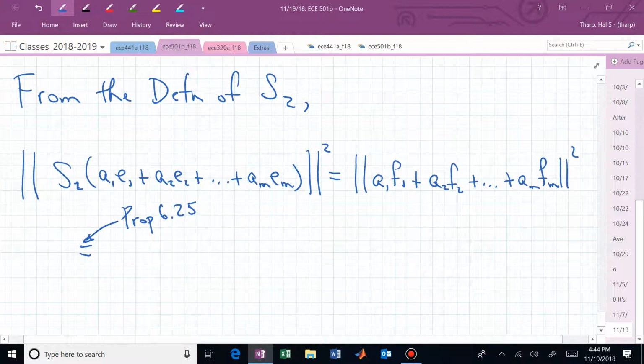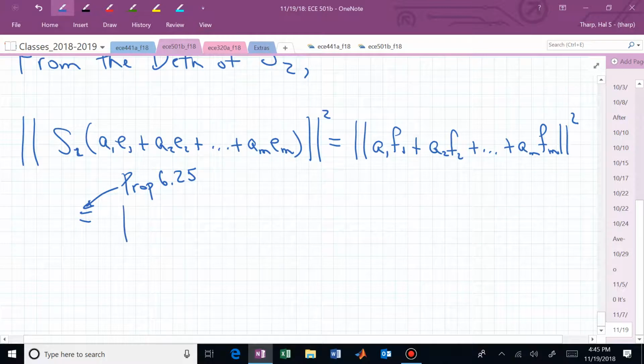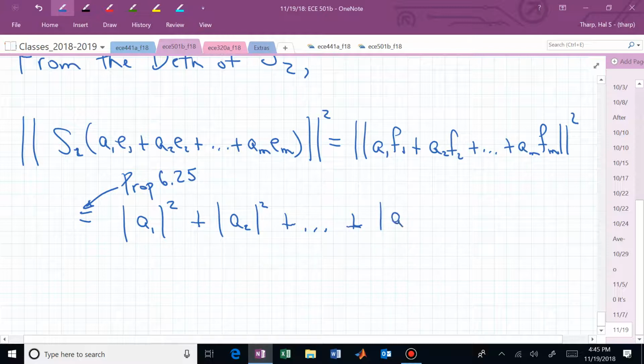I'm saying it's 25 in chapter 6. That says the right-hand side is equal to the absolute value of the first weighting scalar squared plus the absolute value of a sub 2 squared, etc.